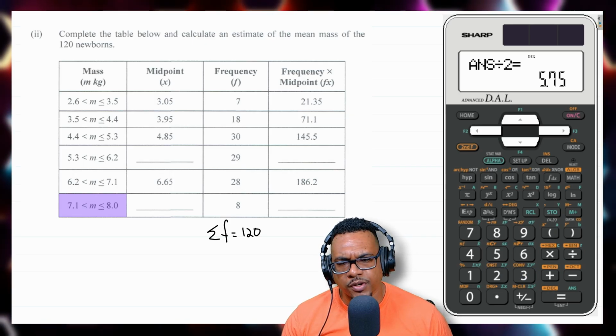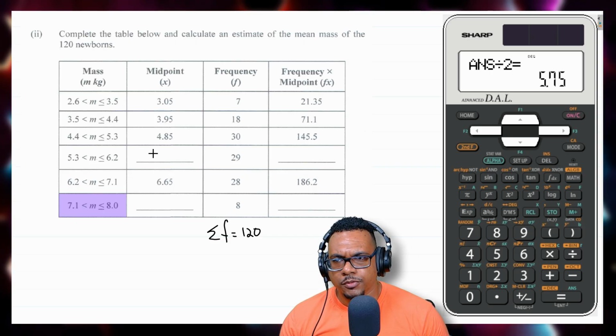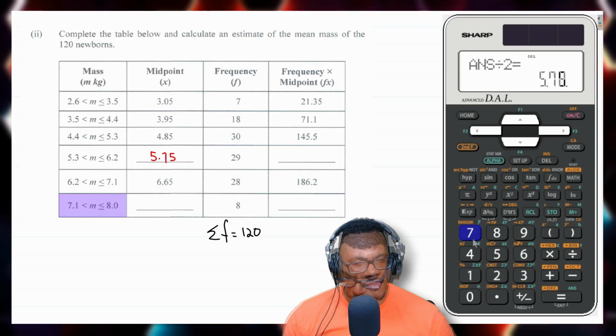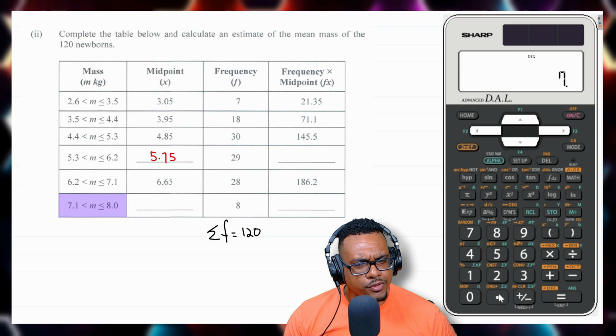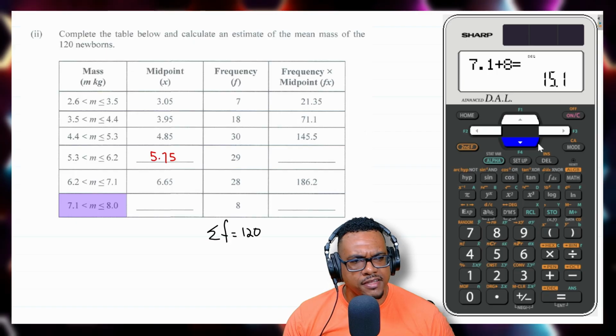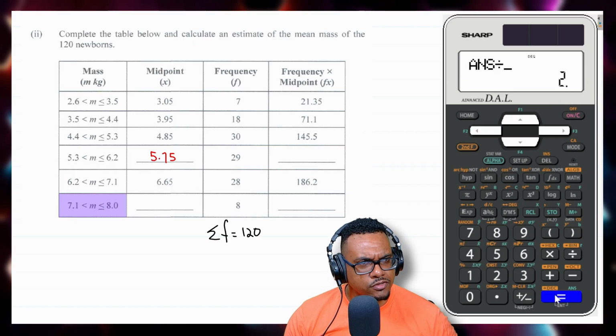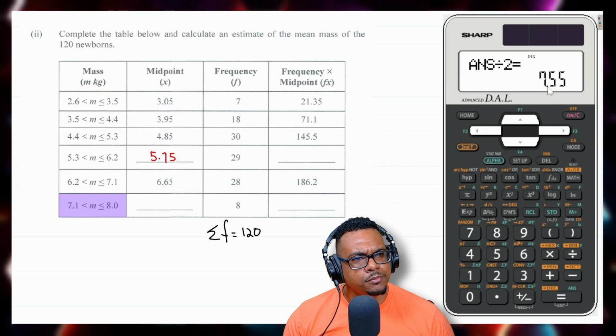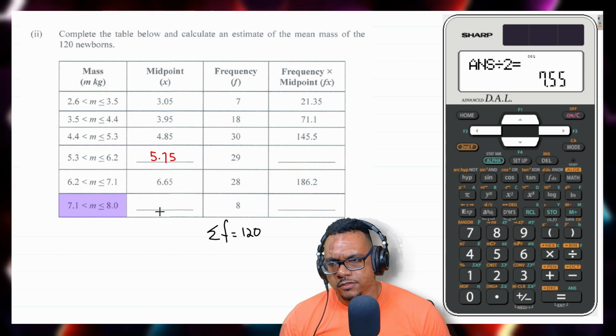And we get 5.75. So we're going to have here 5.75. Then we'll add the 7.1 plus the 8, press equal, and then divide that by 2, and we get our midpoint, 7.55.